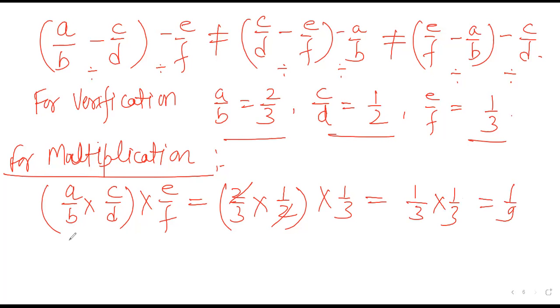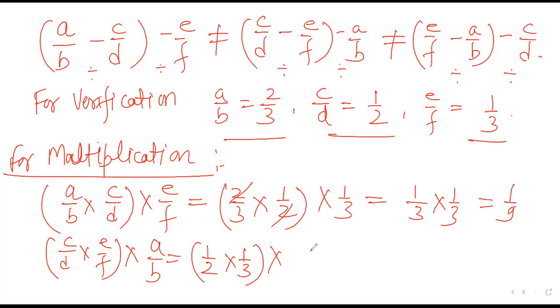Now second thing, C upon D into E upon F, later on you will multiply A upon B. Let us see if there are any changes. So 1 by 2 into 1 upon 3 into 2 by 3. 1 by 2 times 1 by 3 gives you 1 by 6, and then 2 by 3. So 2 gets cancelled out, 2 ones are 2, 2 threes are 6. Again 1/3 into 1/3 gives you 1/9.